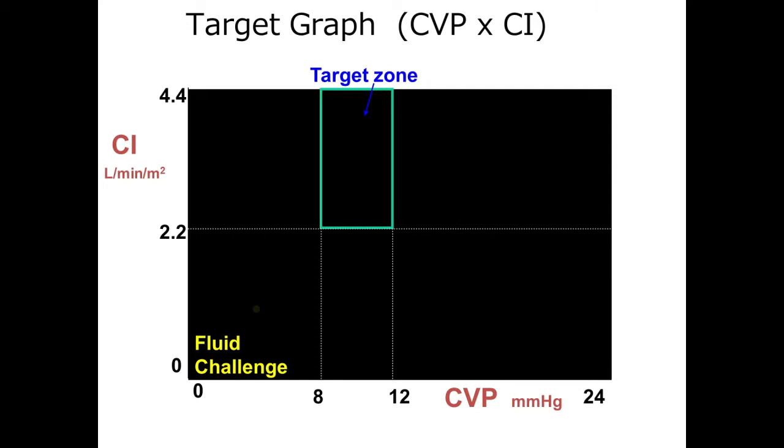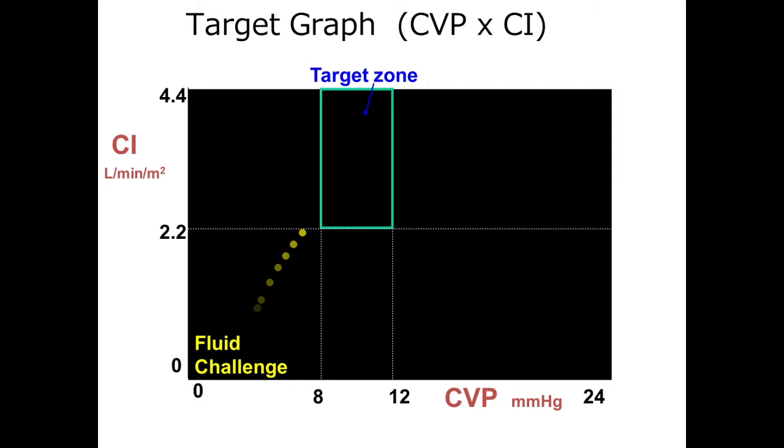After giving fluid, the patient condition is moving like this, right? So we can say this patient condition is going well, right? But at this time, the patient still has low cardiac index and low CVP. So the doctor can decide to keep going, okay?